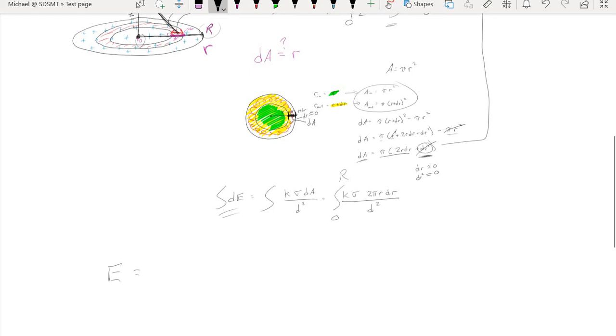Let's take a moment and pull all of the constants from our expression out to the front. So that includes the 2 pi, the k, and the sigma. Everything else needs to stay inside. We have r dr and we have d squared.